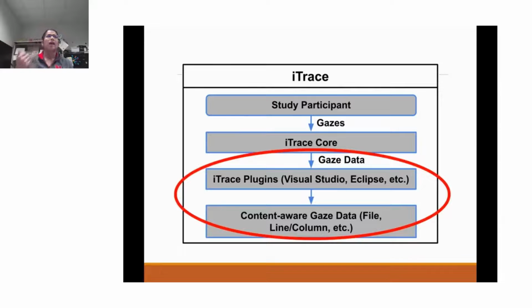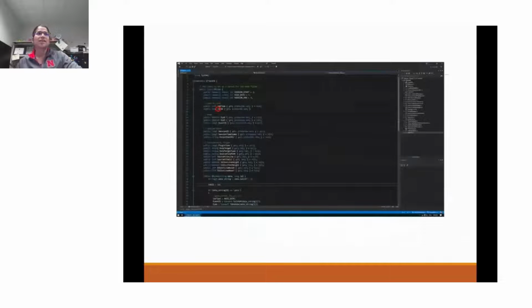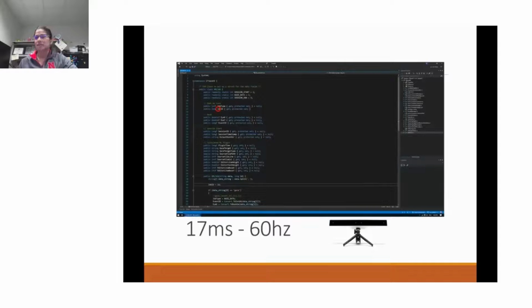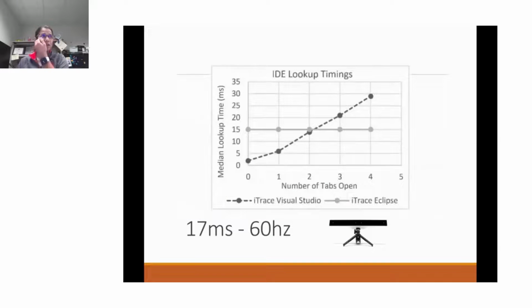Okay, and there was an issue with the response time. So this is just a visualization here. If we had a 60 hertz tracker, we would need to complete this lookup in 17 milliseconds. However, in Visual Studio, as the number of tabs open increased, this time increased exponentially, as you can see here.